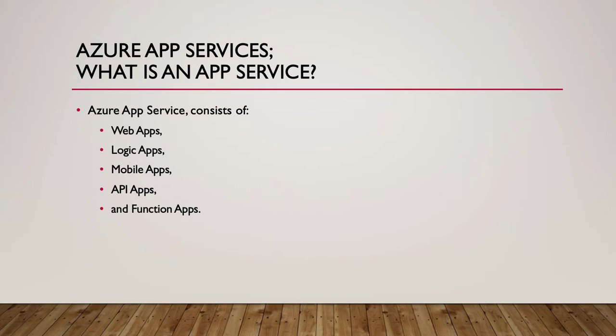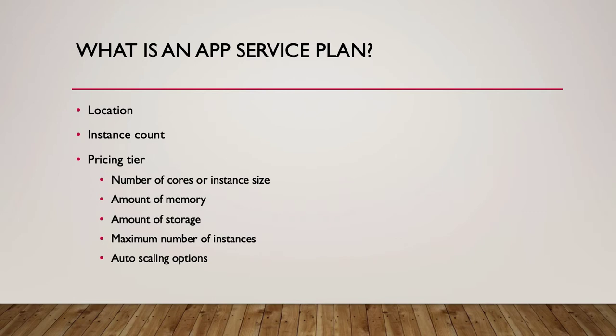It conveniently has the same name as the app it's hosting. But the question is, what is an app service plan? An app service plan defines the capacity and resources to be shared among one or more app services that are assigned to that plan. The following are some of the criteria you can define when you're creating an app service plan. The location, such as West US or East US and so on. Instance count, which is about how many instances of that app service you want to have.